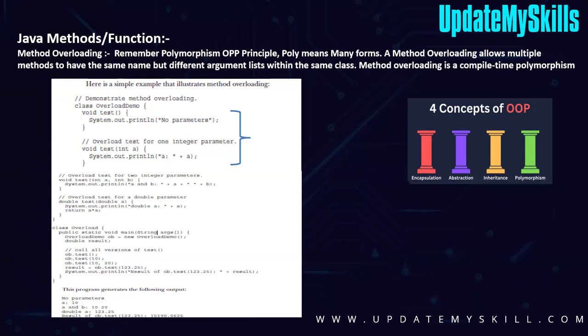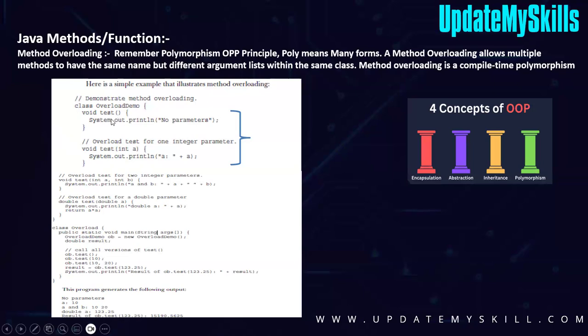Suppose someone has to write a WhatsApp class such that the sendMessage method takes a string as an input parameter. One more sendMessage method takes a picture as the input parameter. One more sendMessage, same name, but the input parameter is a file.